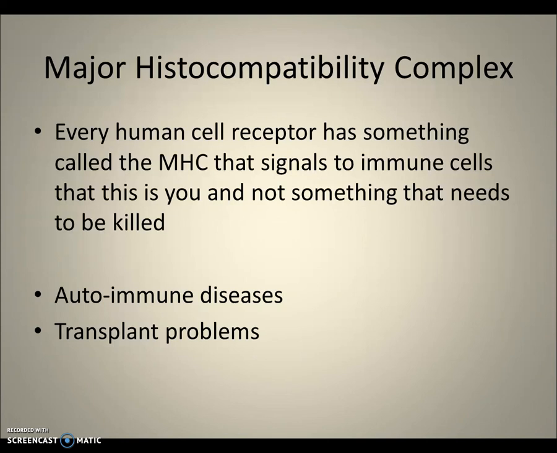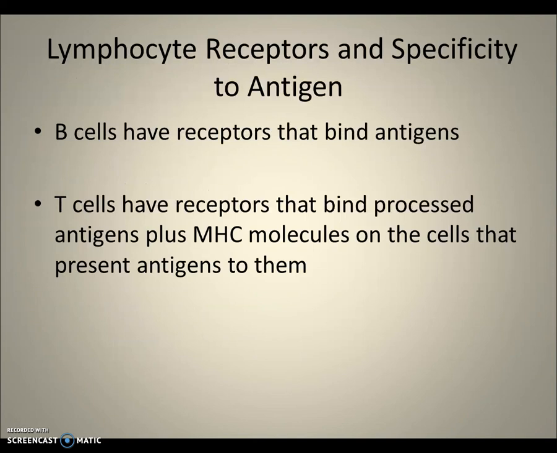Transplant problems arise when you put another person's kidney into your body. The major histocompatibility complex, or self-marker, on that kidney is different, so the immune system is going to recognize it as something foreign and try to attack it. So your entire life you take immunosuppressants to keep your body from fighting off or rejecting the organ.